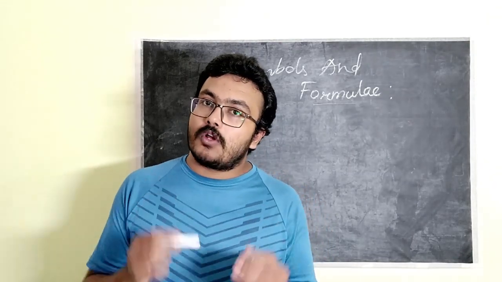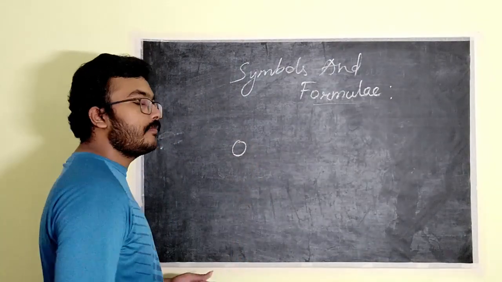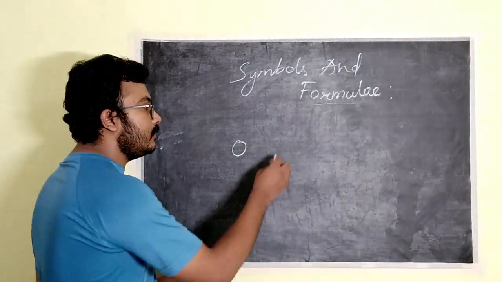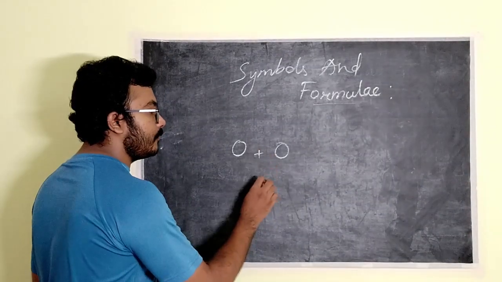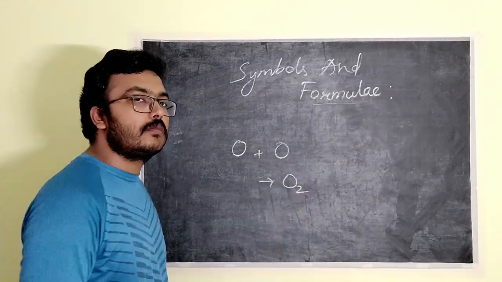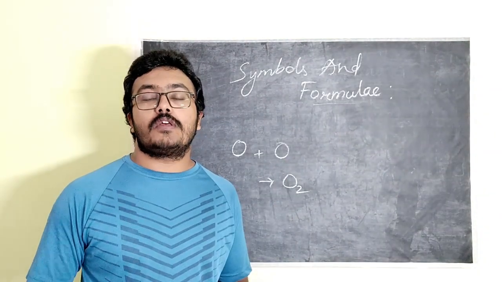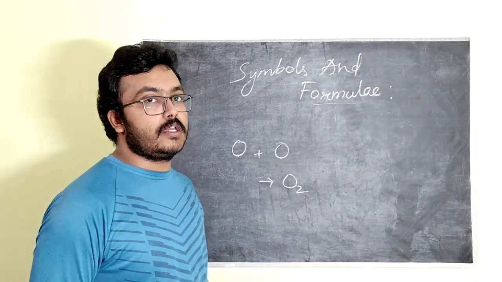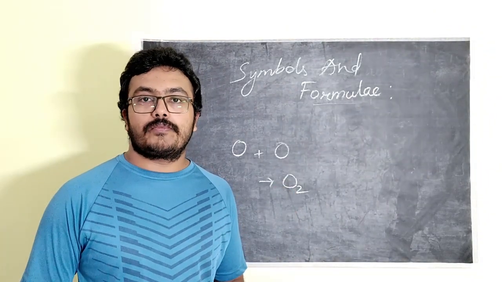An atom is the smallest or simplest particle. Now an atom of oxygen combining with another atom of oxygen will give you O2. When the atoms of the same element combine together, you get a molecule.